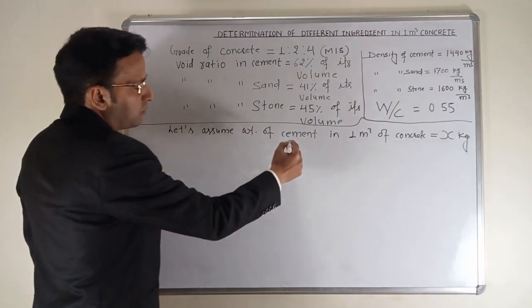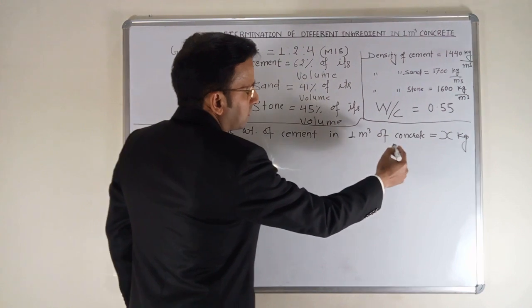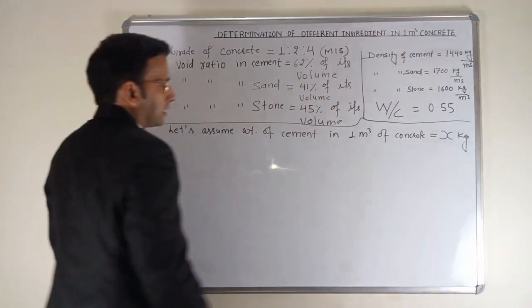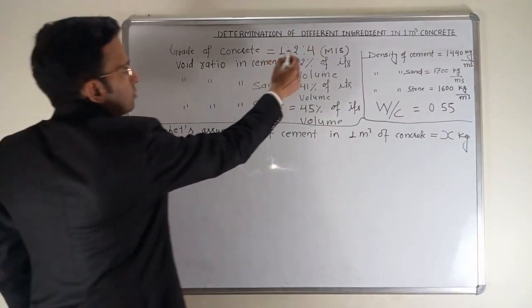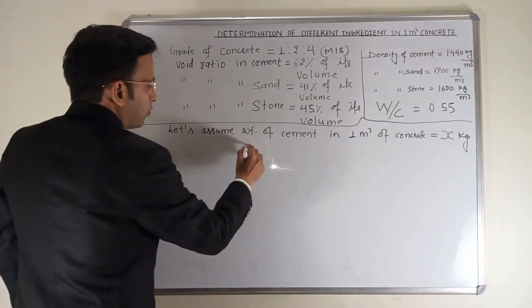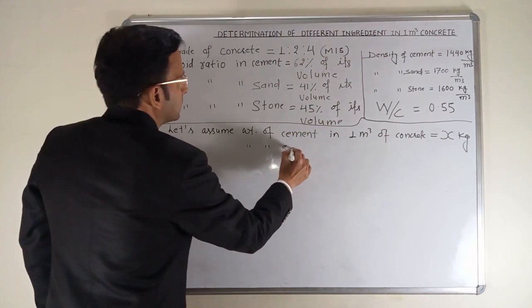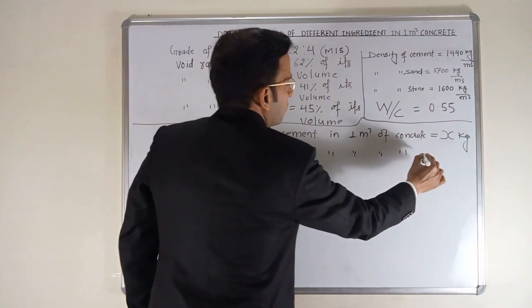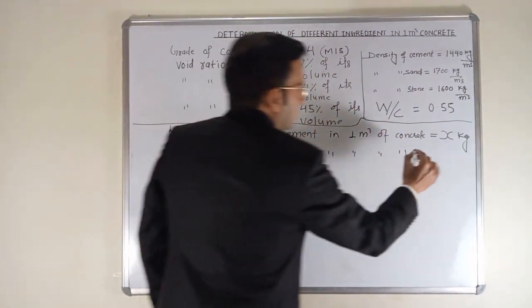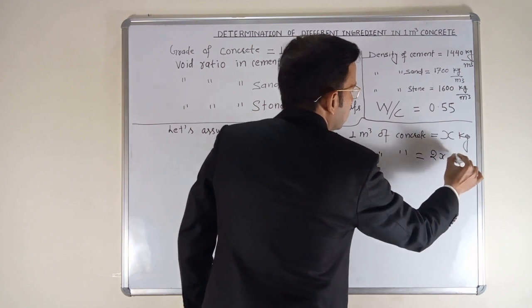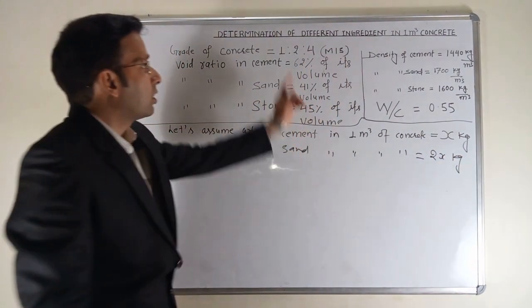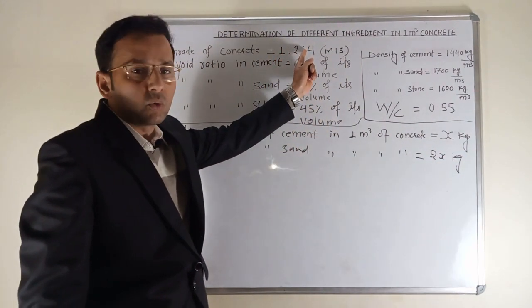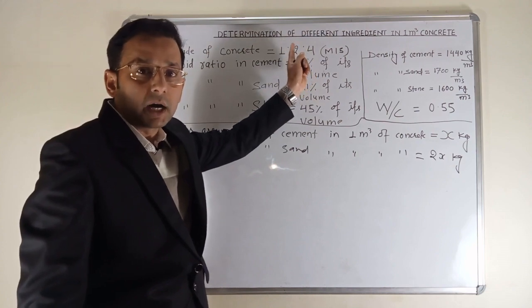Let's assume the weight of cement in 1 meter cube of concrete is equal to x. Since the ratio is 1:2:4, the weight of sand in 1 meter cube concrete would be 2x kg. Why? Because this ratio is always by weight, not by volume.